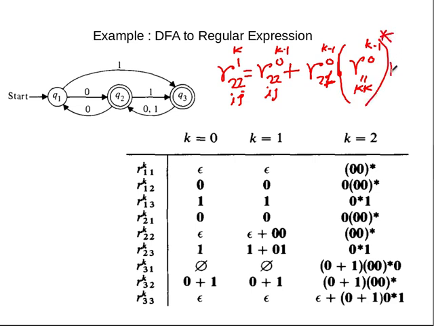Then from k to j, and then k minus 1. So this should be 0, this should be 1, and this should be 2. It should be 1.